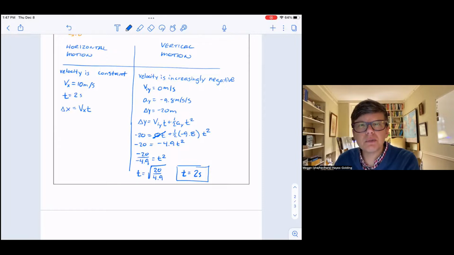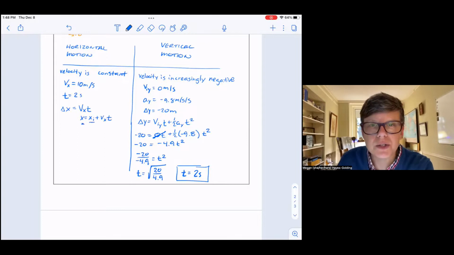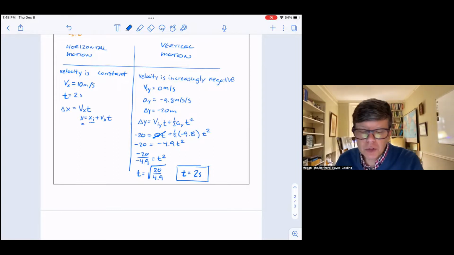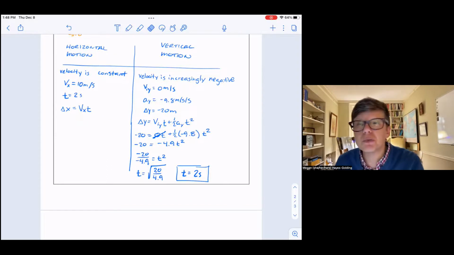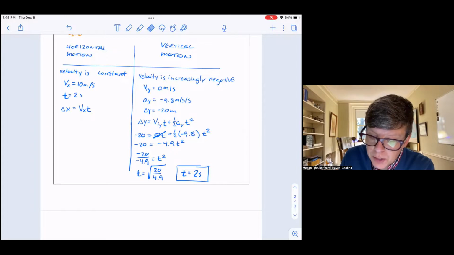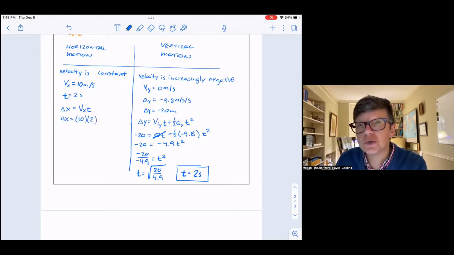And this is a slight restatement of the way that the equation is written on the front side of the page. I have 2 different x's in the equation. Combine them together and you get a delta x. So it really is the same equation, just written slightly differently. How far the ball travels, that's the unknown. That's what we're solving for. 10 meters per second for 2.02 seconds.